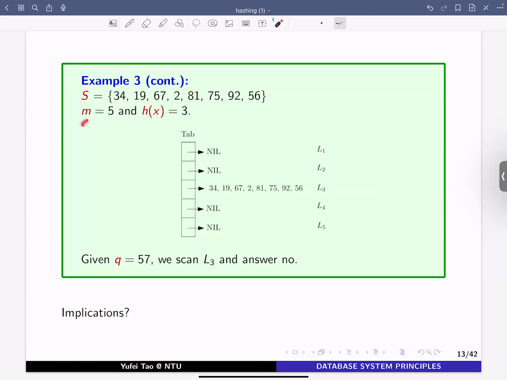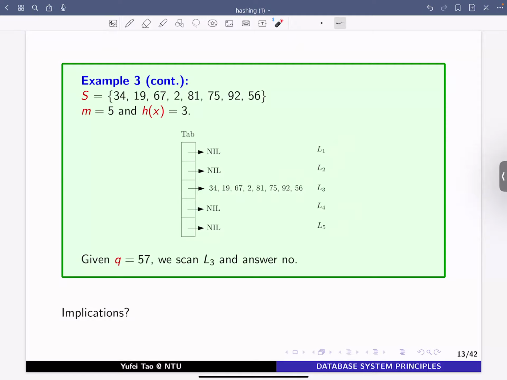Well, again, with this M and also this H, you are able to create a hash structure, and the hash structure is right here. As you can see, indeed, you have 5 buckets. And you look at the contents of those buckets, you will see bucket number 3 contains everything. This is not a surprise, right? Because the hash values of all the elements are equivalent to 3. So you insert all of them into bucket number 3. Okay. The other buckets are simply empty.